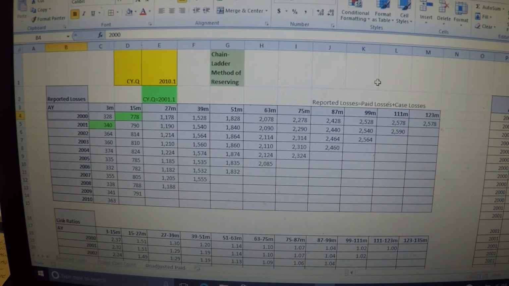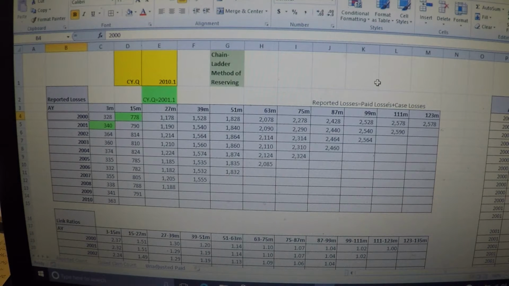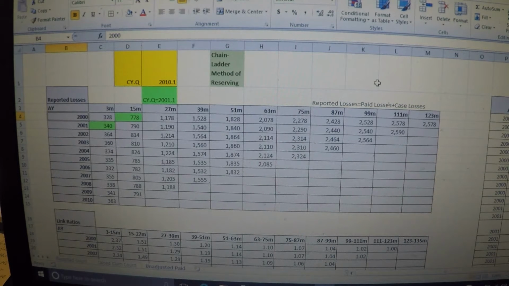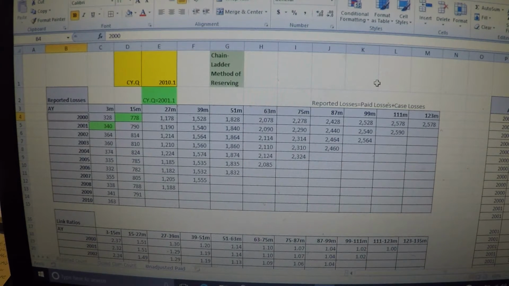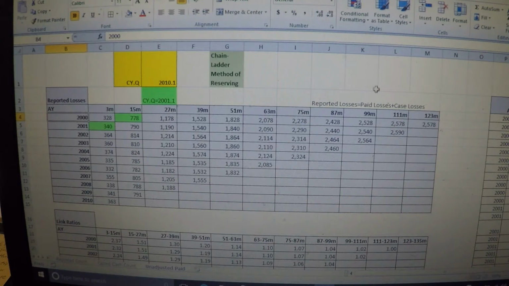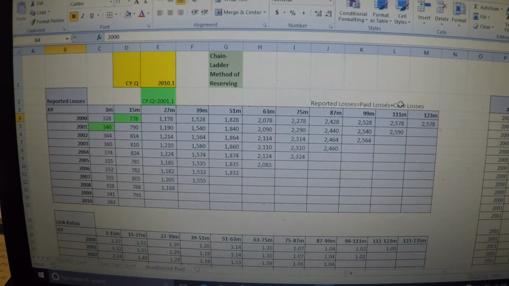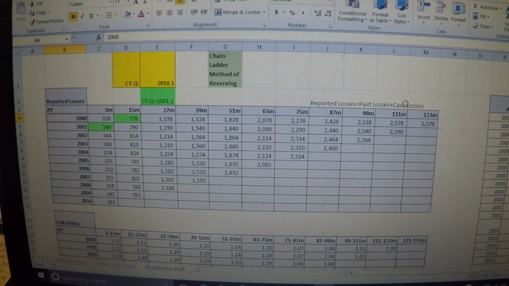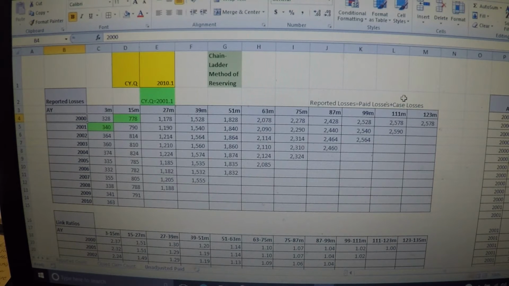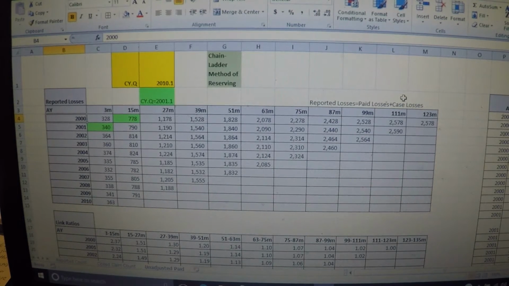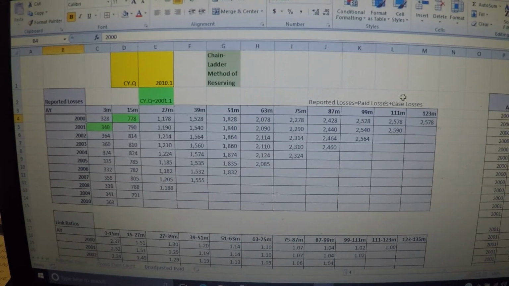A claim may have come in, and the claims adjuster decides we need to set aside some money. Some of this money will be paid immediately to the insured, and that's the paid losses. Some of this money will be set aside in order to eventually be paid to them. That's the case losses. And these things are updated, right? So that's what reported losses are.